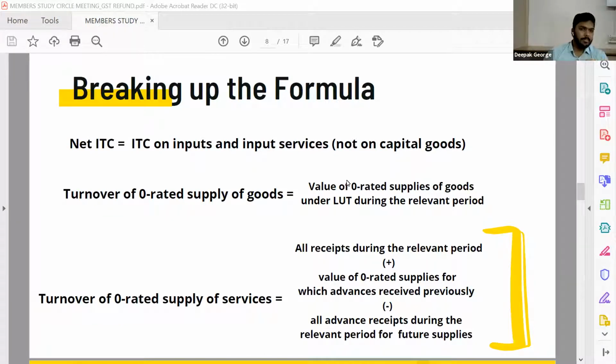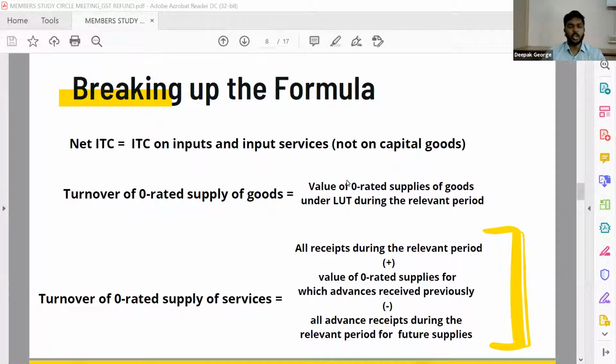Coming to the numerator points, you have turnover of zero rated supply of goods and turnover of zero rated supply of services. As far as goods are concerned, as you can make out from the word itself, turnover of zero rated supply of goods basically means that whatever you are including, that is the value of goods as a part of zero rated supply of goods under LUT comes into this bracket, right?